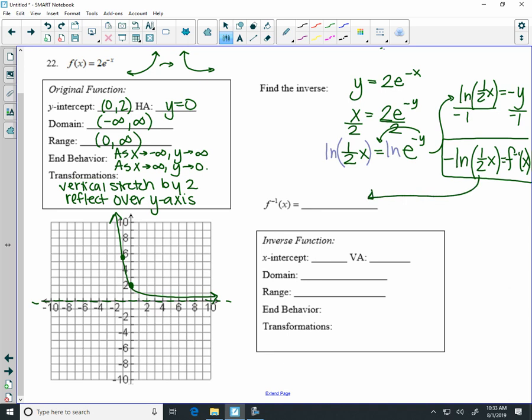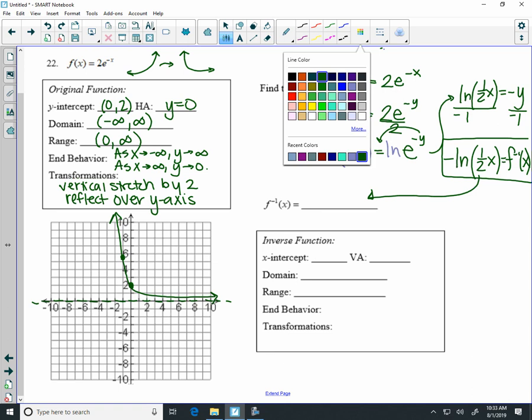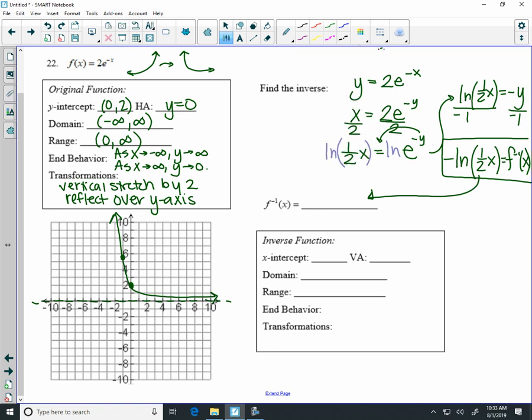So my transformations for my new logarithmic function are: reflect over x, and the 1/2 inside is a horizontal stretch by 2.